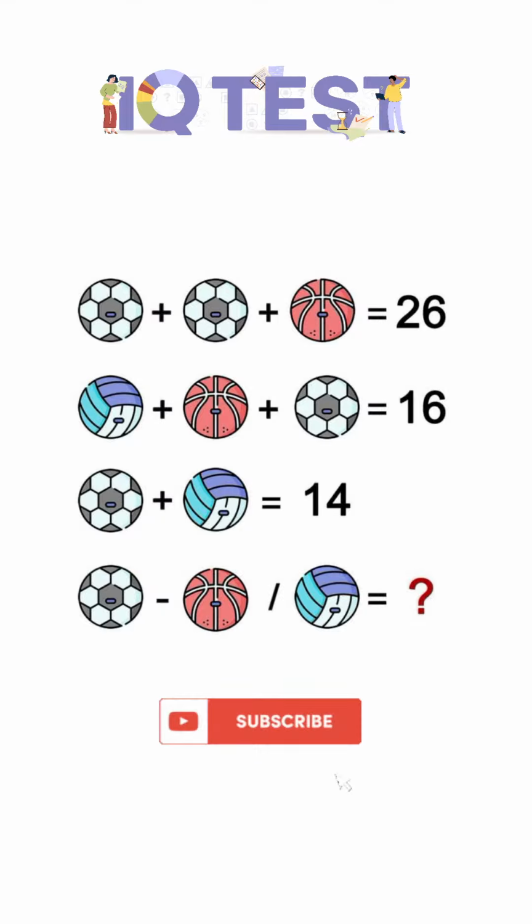So the two white balls is 2X plus the Y, the red ball, will be 26. We are solving it together.